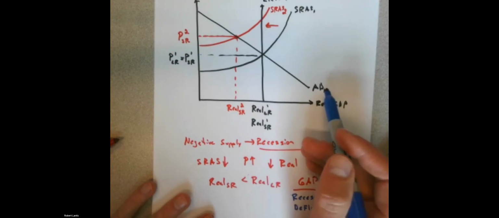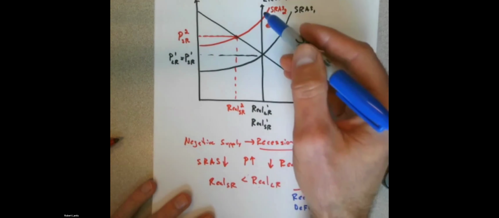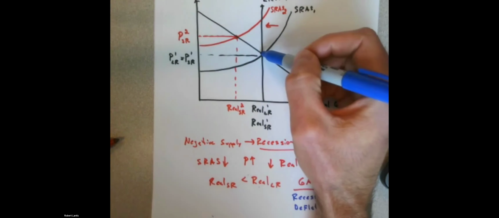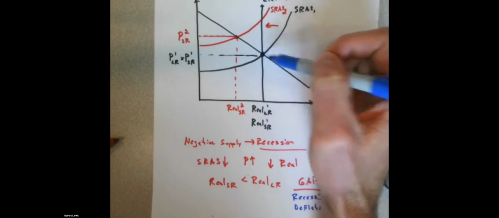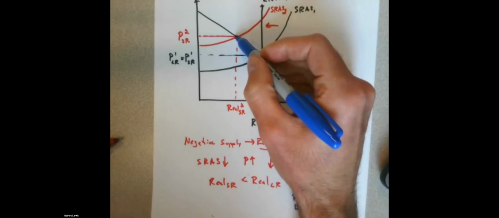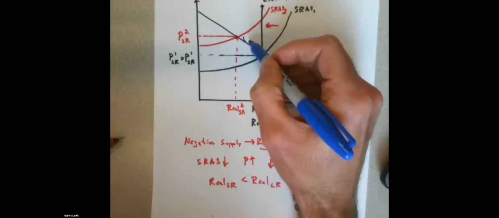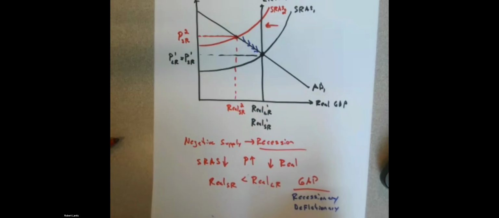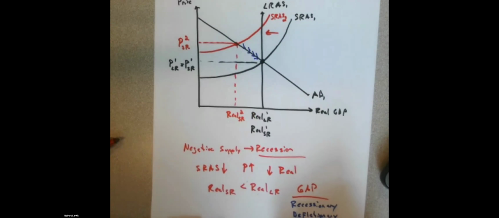Well, there's no change in aggregate demand. So if we get back to this long run aggregate supply, then the point where long run aggregate supply is equal to my aggregate demand is still at this same point. So compared to the current short run price, we know that price levels are going to return to those long run prices. So in the long run, there's no change in price from these short run aggregate supply changes.